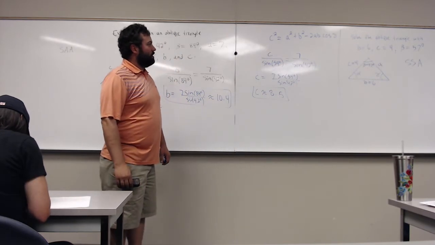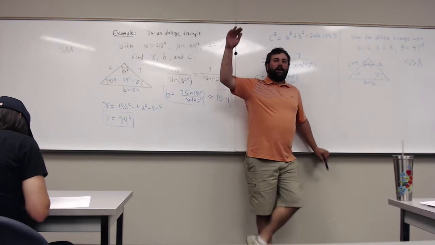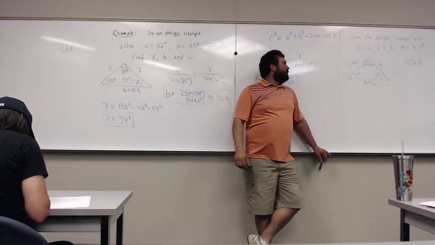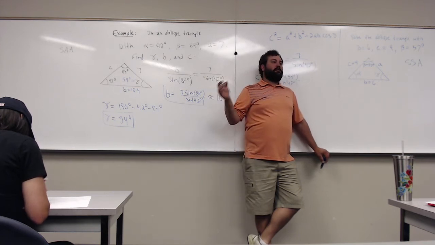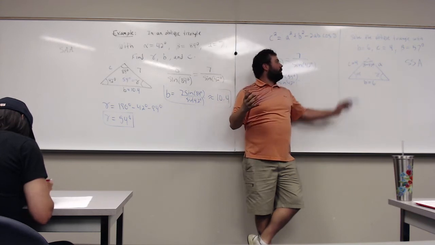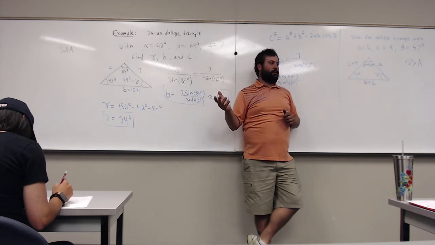Oh, I guess this didn't give me the notation that I wanted. So everybody has that little handout, right, that says what to do to solve side-side angles. On that sheet, it says that you should always find gamma first. Well, depending on what information they give you, you might not be finding gamma first. You might find alpha first.